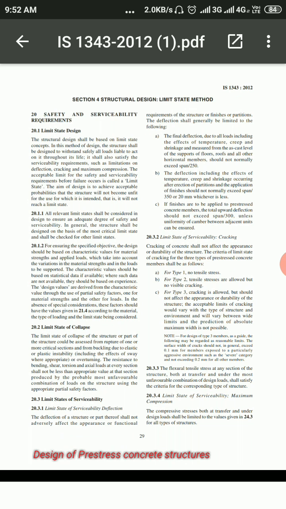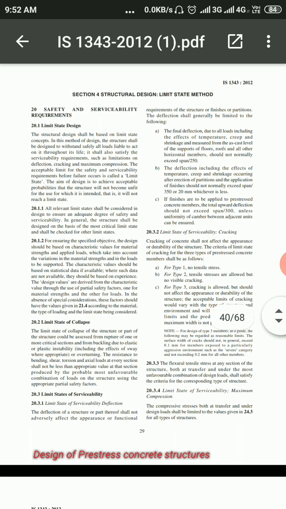To accommodate that live load, the structure needs to have longer spans between supports. In that case we will use prestressed concrete members, and we will provide prestressed concrete beams and prestressed concrete slabs. This is the general idea behind using prestressed concrete members.